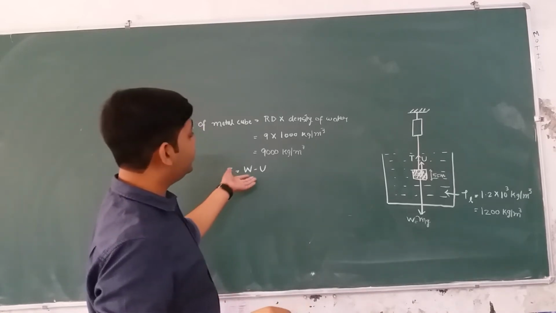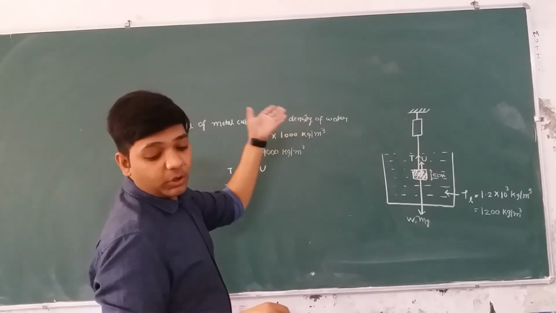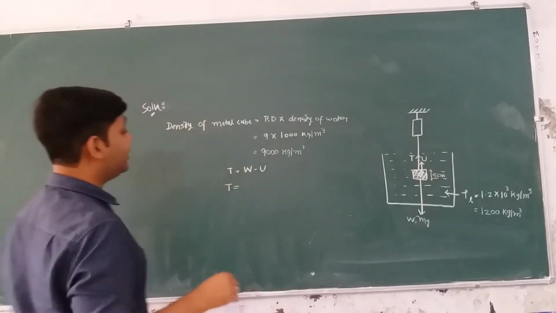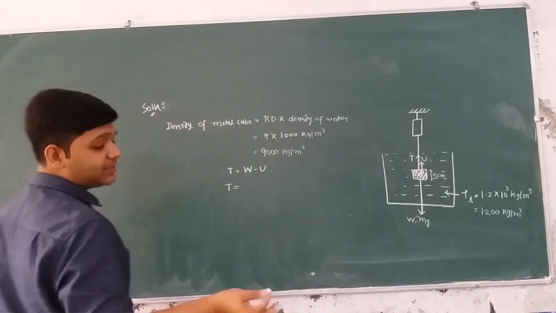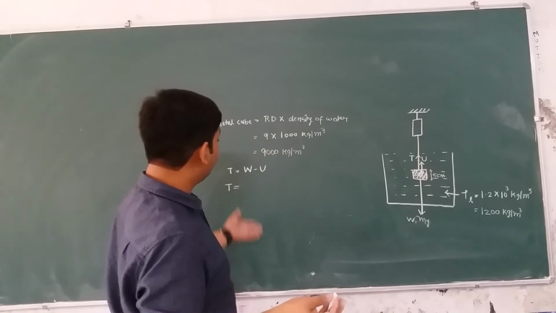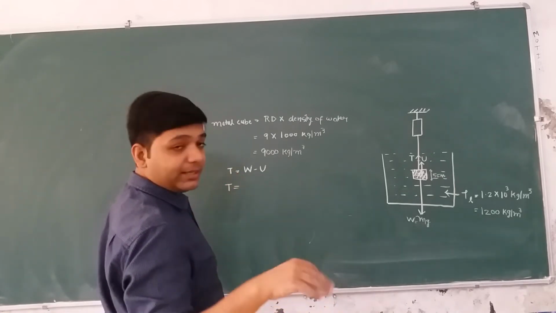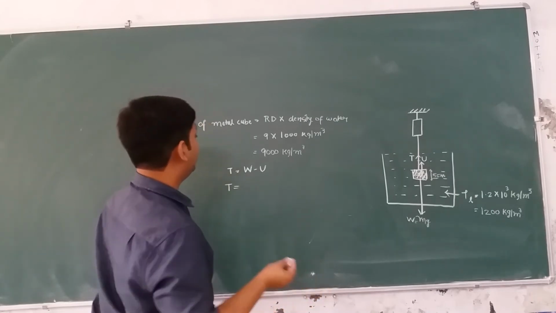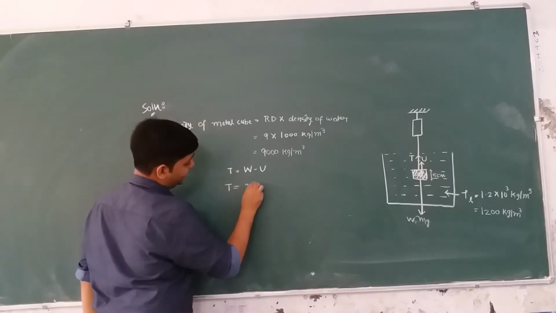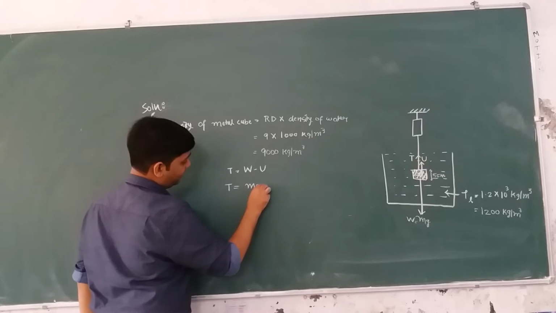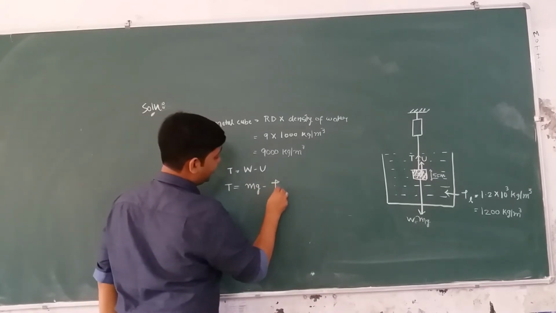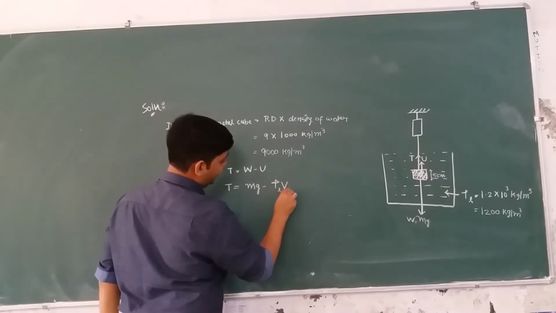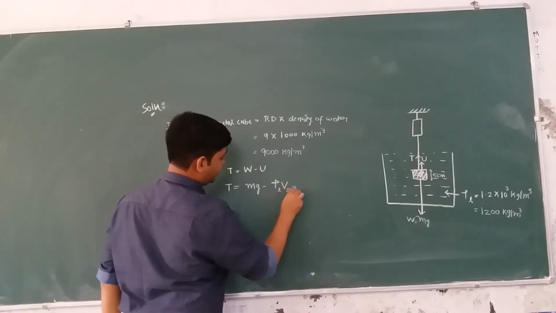W is the weight of the object in air, but we are not given the weight. We are not given the mass. So we will have to calculate it. W can be written as mg, and U is rho L V SI into G.